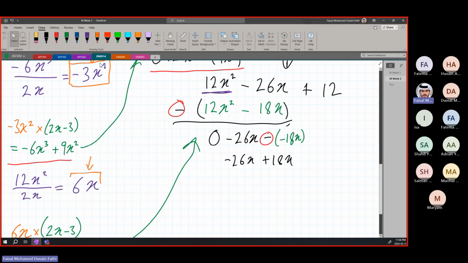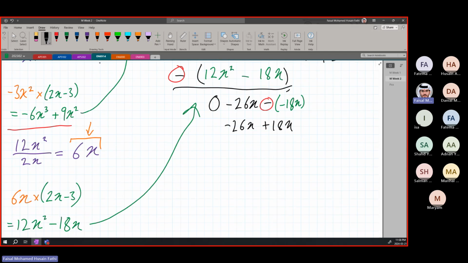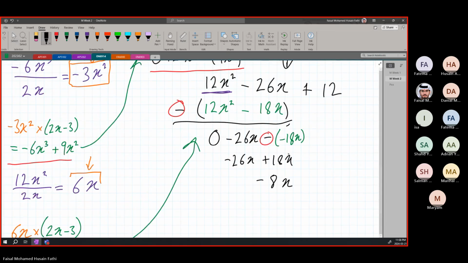So the final simplification, this will become minus 26 plus 18. Let me take out the calculator just in case. Minus 8x. All right. So we reached minus 8x. Again, we're going to take whatever is left here, which is the plus 12 all the way down. Plus 12. We're done with this part now.